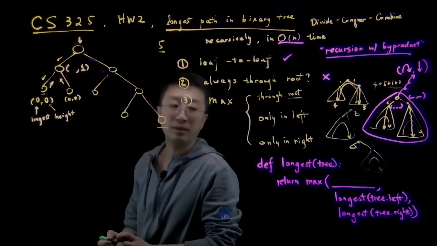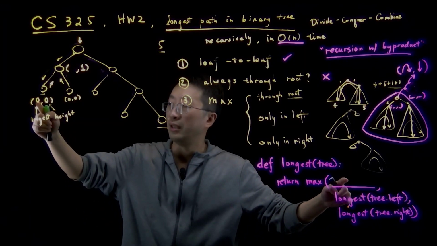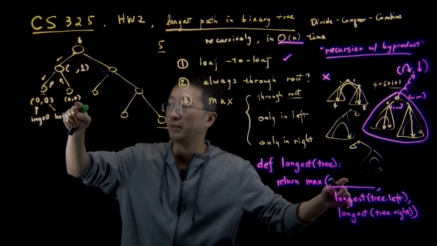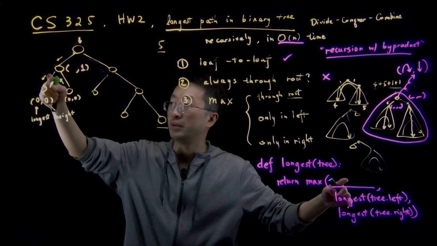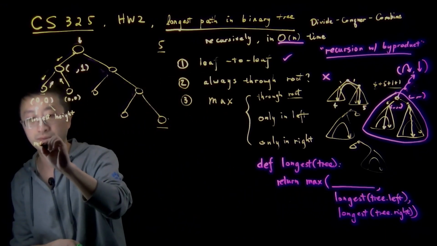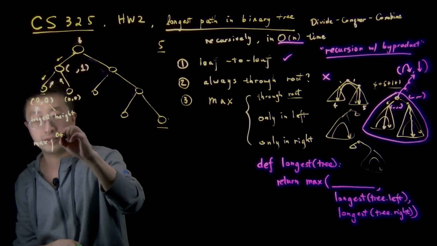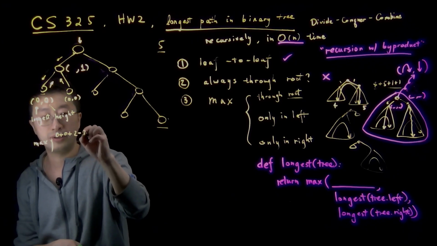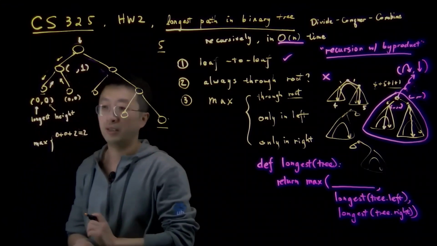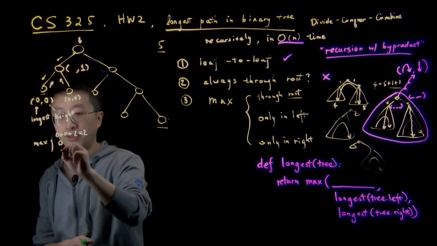Well, it's either the first case, which goes through the root: the height here, 0, plus the height here, 0, plus 2, which is 2, or only on the left, 0, or only on the right, 0.